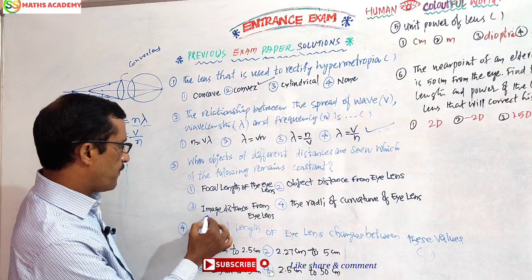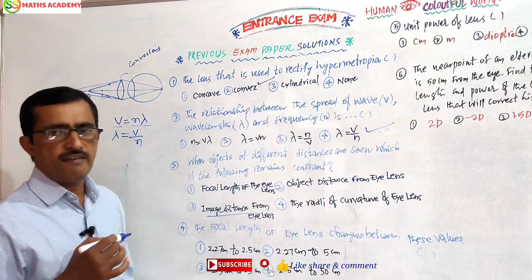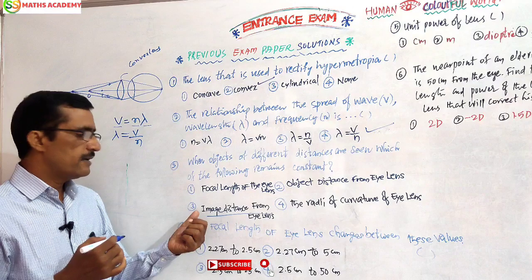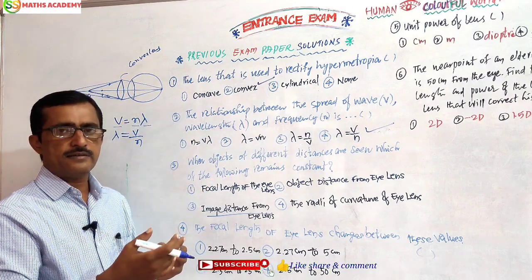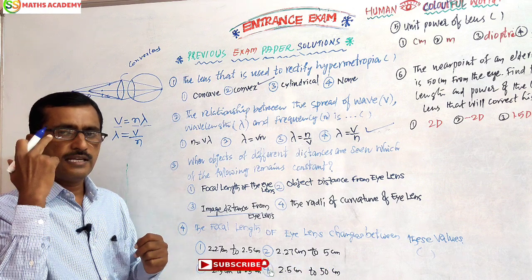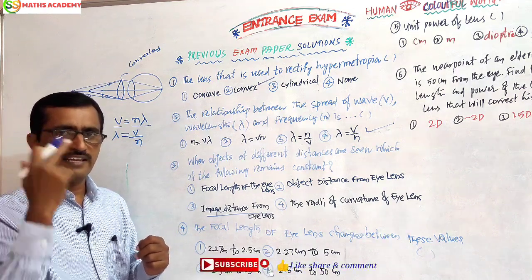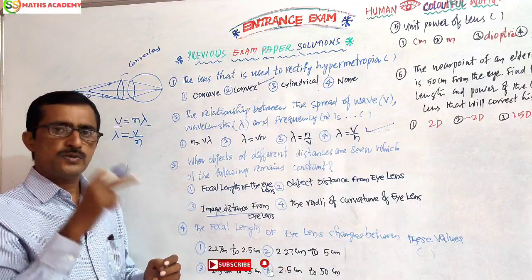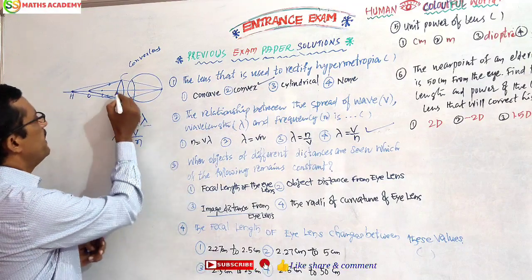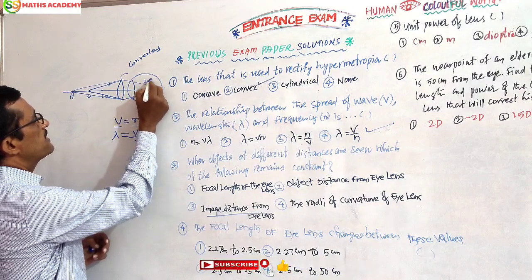The image distance from the eye lens will always be constant, because when we are seeing a long distance object and a short distance object, the image is exactly formed on the retina only. That's why the distance from the eye lens to the retina is always 2.5 centimeter only.